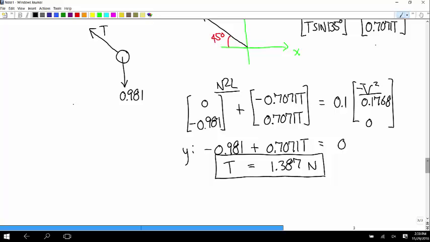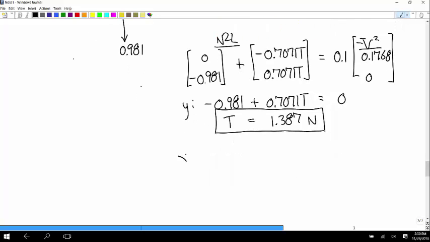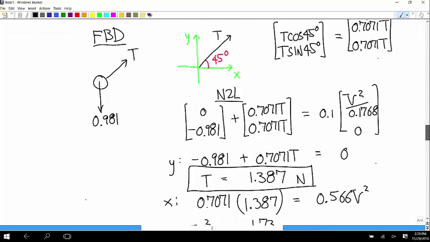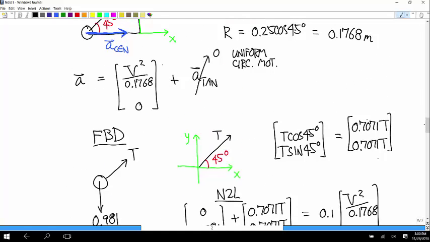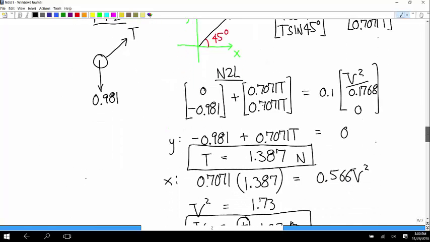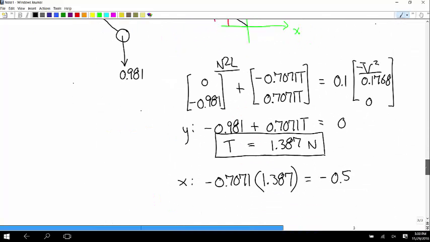And then plug that into the x equation. And you get negative 0.7071 times 1.387 is equal to negative 0.566 v squared.